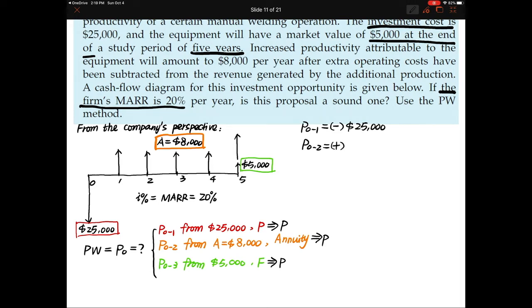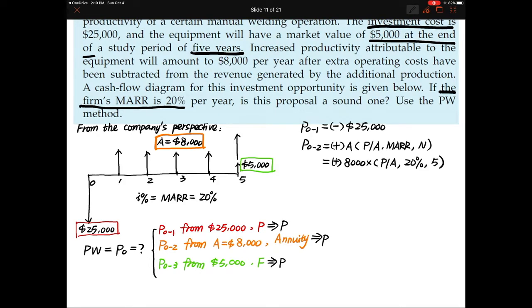The equation to find P given A is A times the factor P/A, with i% being MARR, and then N. So A is 8,000, the factor is P/A, MARR is 20%, N is 5.